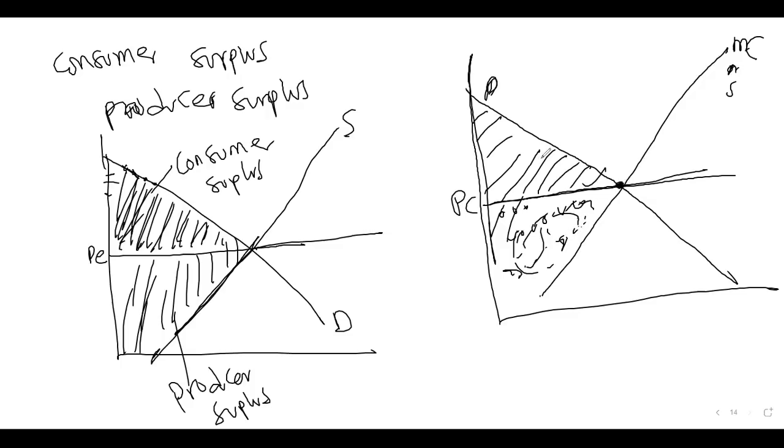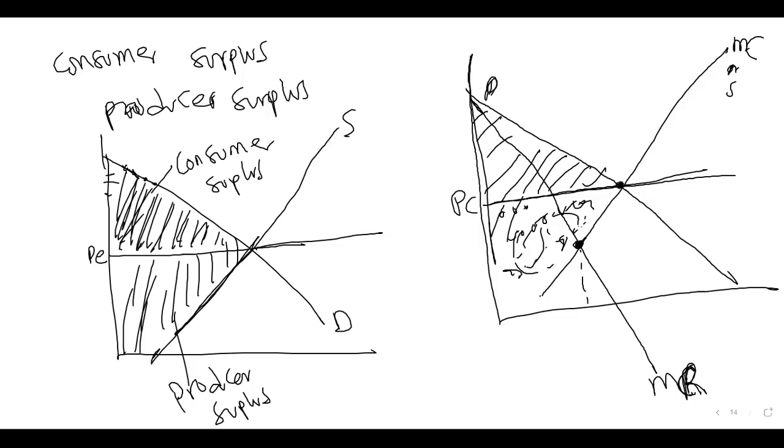Now, for a monopolist, remember that at equilibrium, marginal revenue is equal to marginal cost. And their marginal revenue always slopes faster than the demand curve. So this is their marginal revenue curve, okay? At equilibrium, for them, marginal revenue is equal to marginal cost, so the equilibrium is this point.